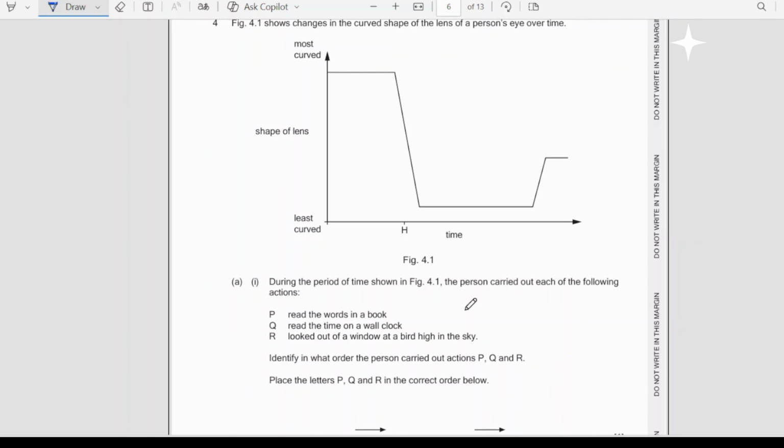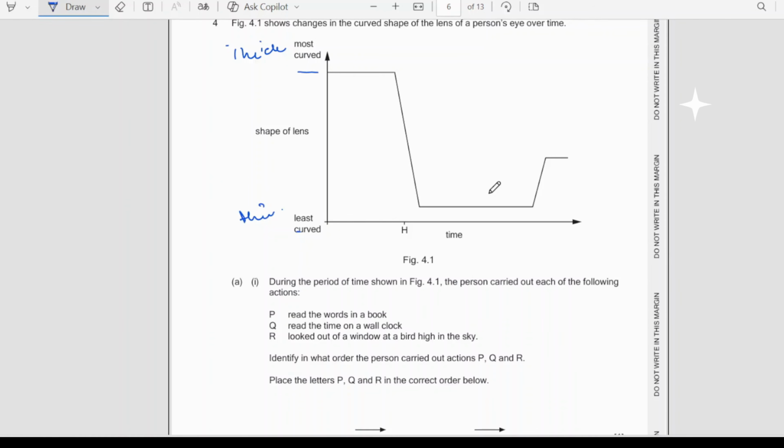So let's talk about the thickness because here it's written most curved and less curved. Most curved means it's thick and less curved means it's thin. So keep in mind, whenever we are looking at far objects, it would be thin, and if we look at close objects, it would be thick.